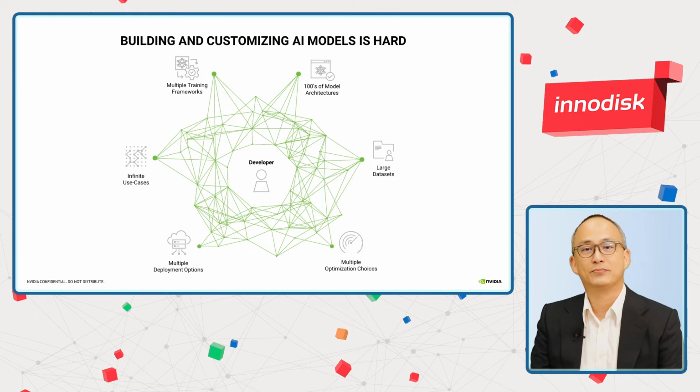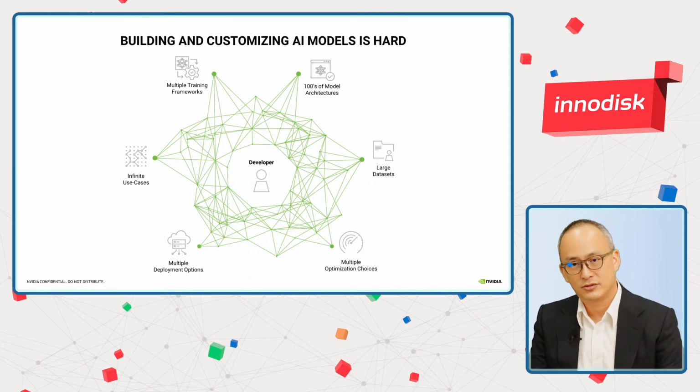After the training, you have to do model optimization to obtain optimal performance. And after that, you need to find a secure way to manage and deploy your AI applications, either at the cloud or at the edge.